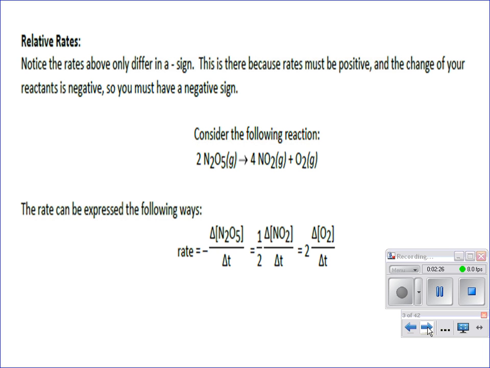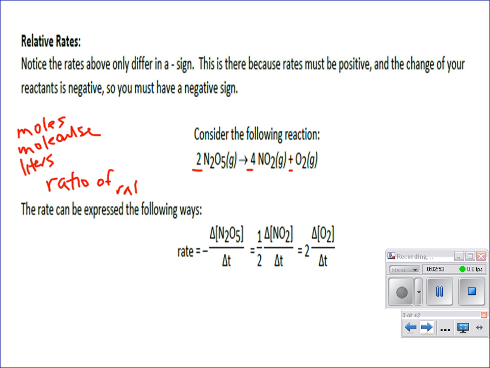Okay, so let's look at this. Up until this point, you guys have studied and have learned that these coefficients are ratios of what? Moles. What else could that be a ratio of? Molecules. If you're at STP, what else could that be a ratio of? Liters. But one thing you might have never considered was that this is also a ratio of rates.